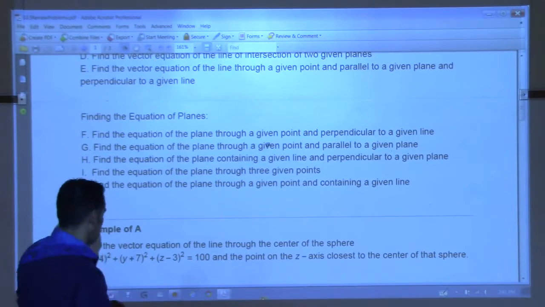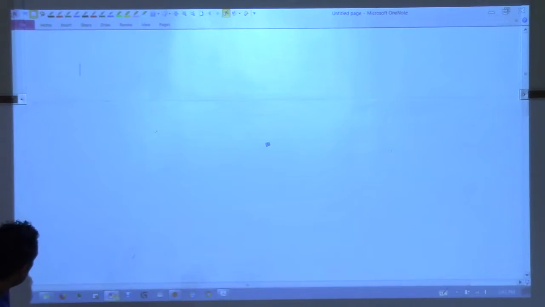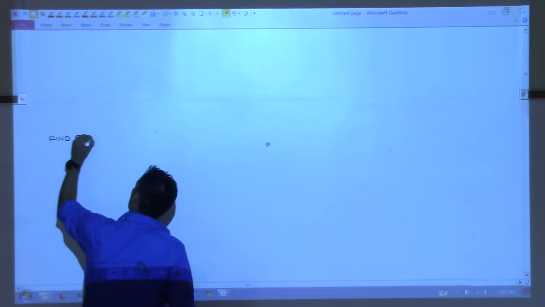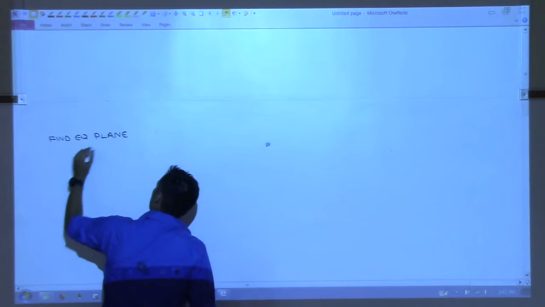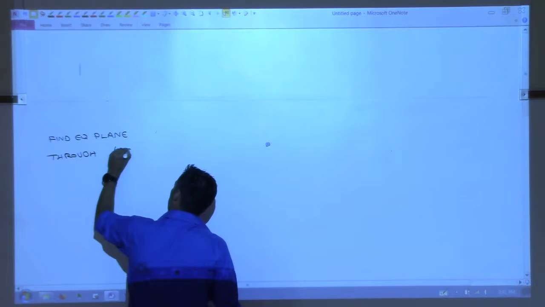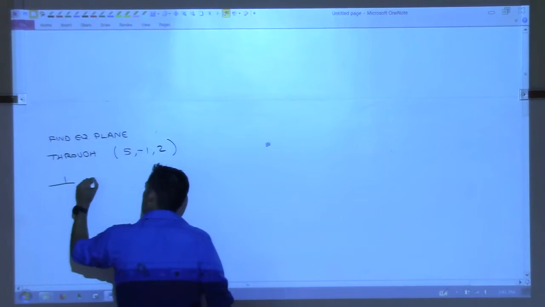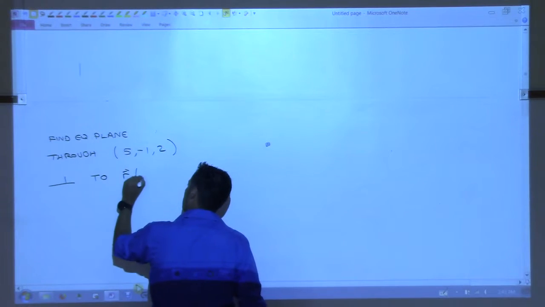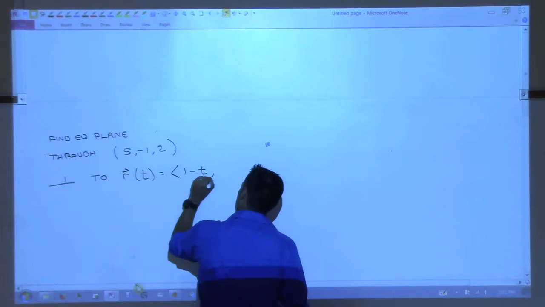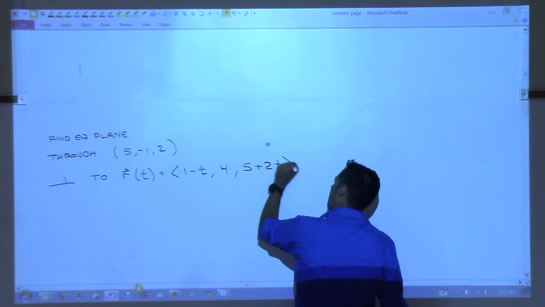So this one I think I can do pretty quickly, so I'll do this one. Find the equation of the plane through the point (5, -1, 2), which is perpendicular to r(t) = 1 minus t for 5 plus 2t.